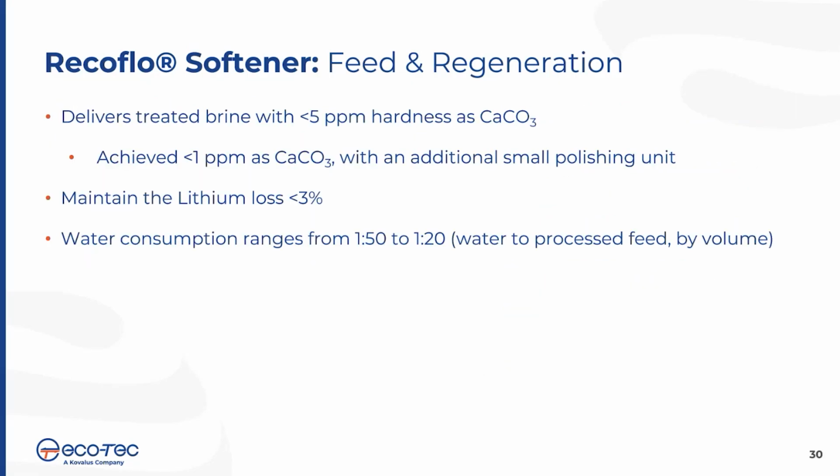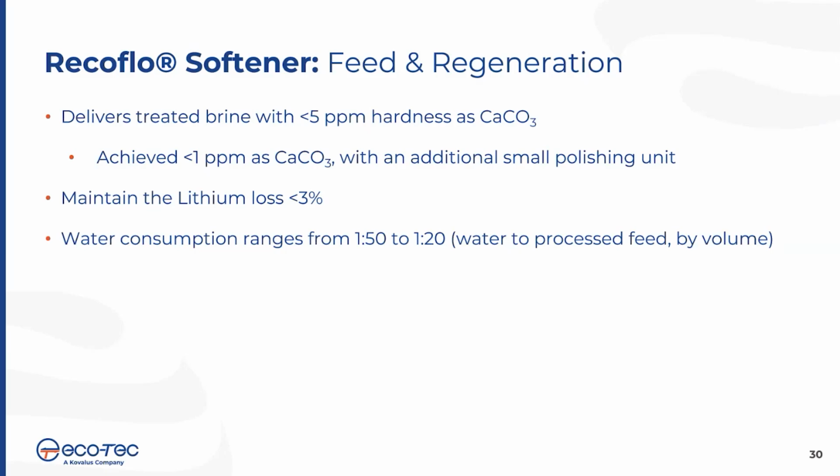On the performance, the hardness in the treated product is below 5 ppm as calcium carbonate. If the application requires an even tighter spec, with a small polishing unit, we can reach below 1 ppm. On lithium recovery, we have developed a targeted approach to minimize lithium loss during softening.